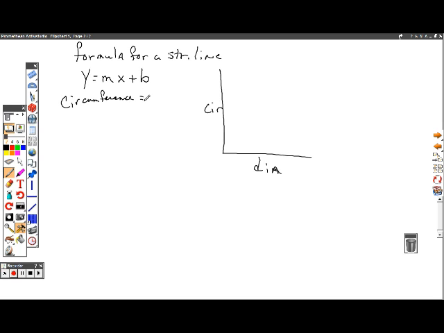Equal. The m is the slope, and you figured out the slope, right? And it's 3 point something. What is the x in this formula? Diameter. Plus, what is b? B is the y-intercept.